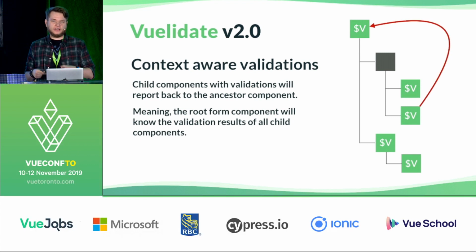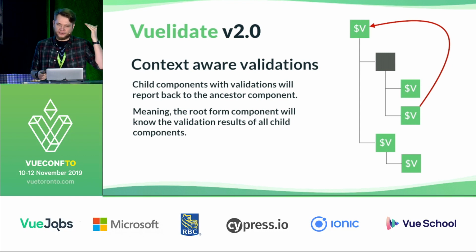Whenever we have a child component which has its own validation rules, the results will be pushed to the direct ancestor, or indirect ancestor, which also contains validate, and registered there.